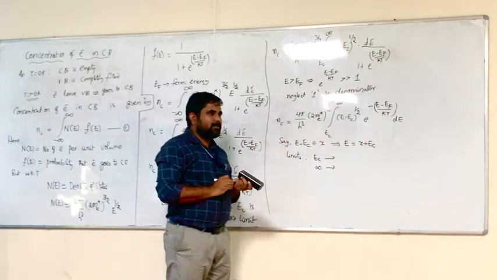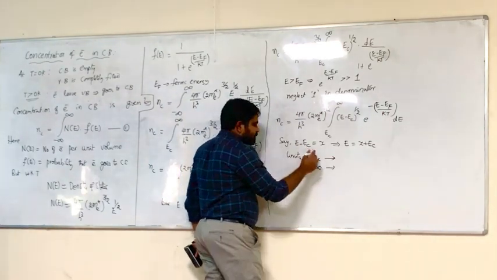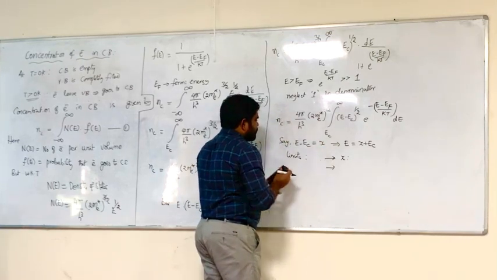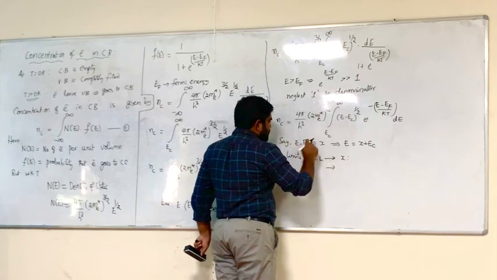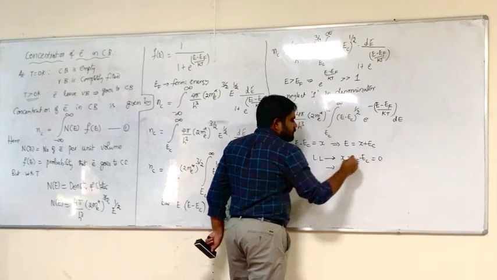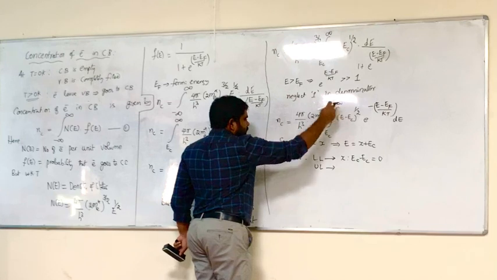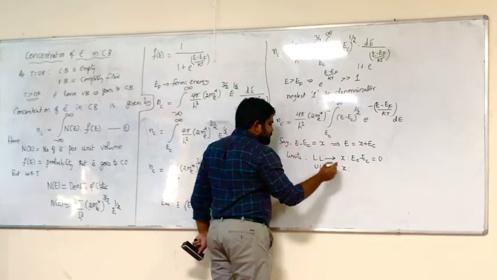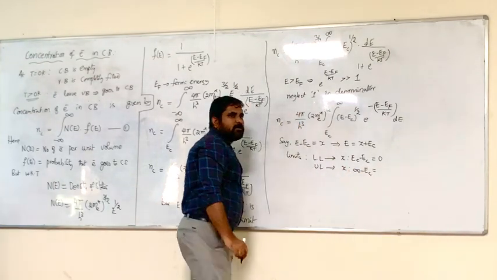Your lower limit becomes Ec minus Ec, which is 0. Upper limit is infinity, so x will go to infinity minus Ec.